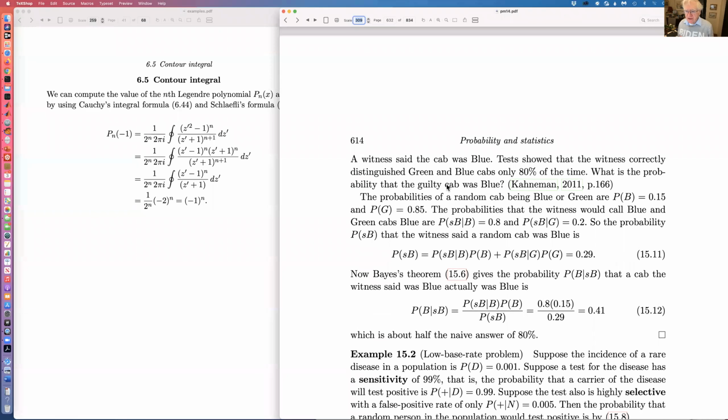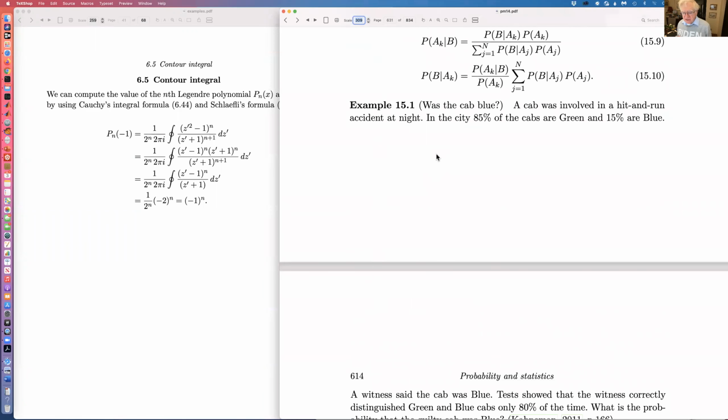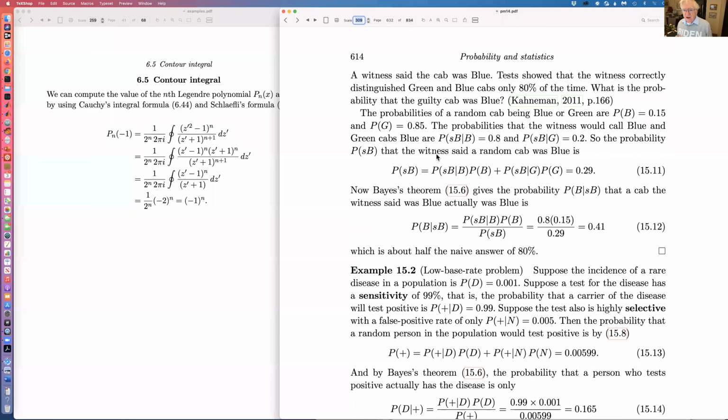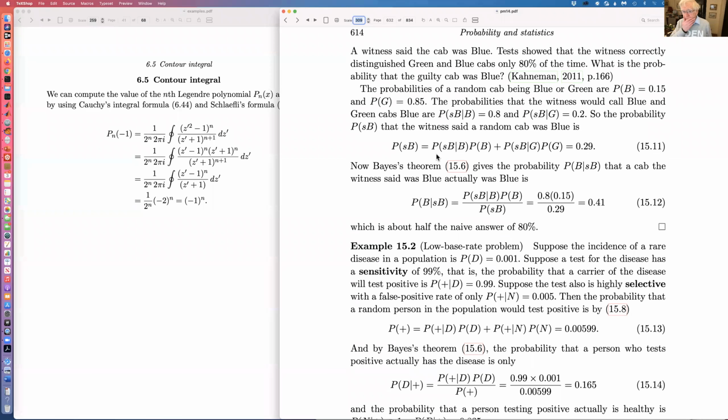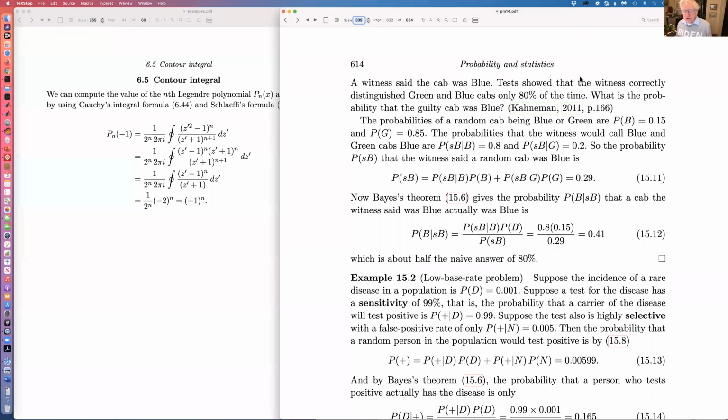What is the probability that the guilty cab was blue? In other words, the cab in the hit and run accident. So the probabilities of a random cab being blue or green are 0.15 and 0.85. Those were the probabilities of how the cabs are in that city.